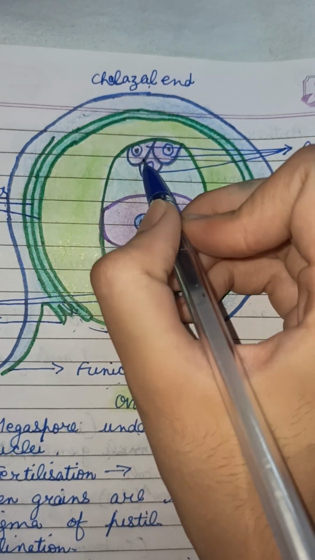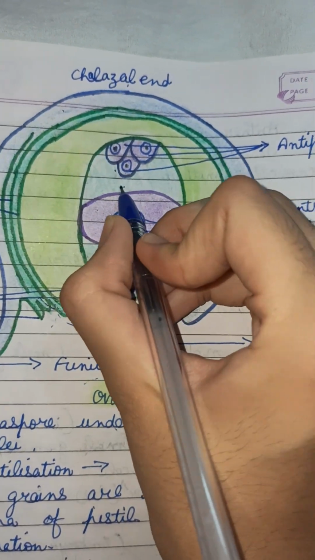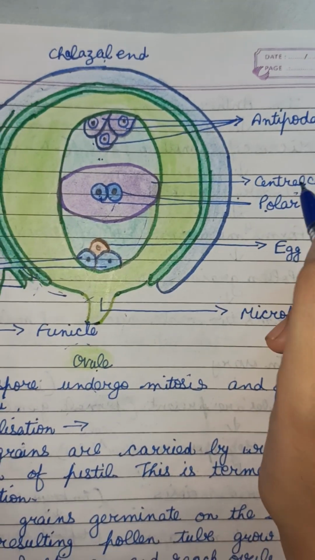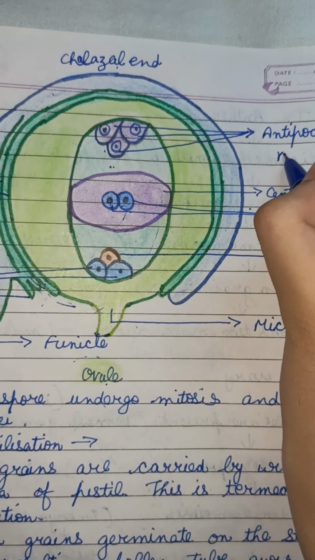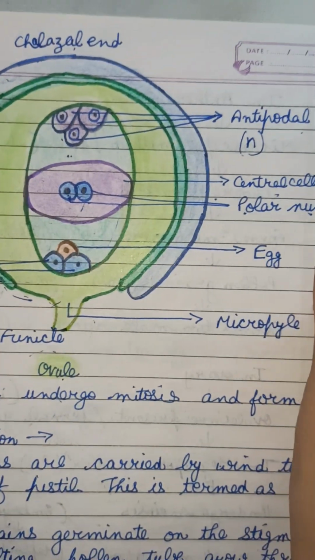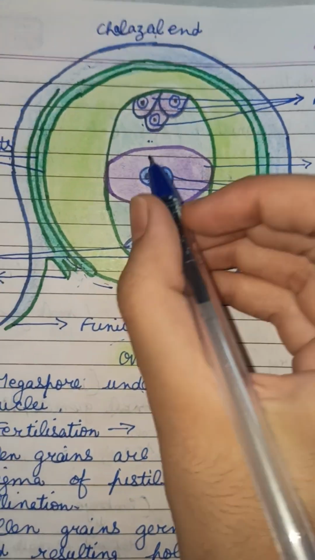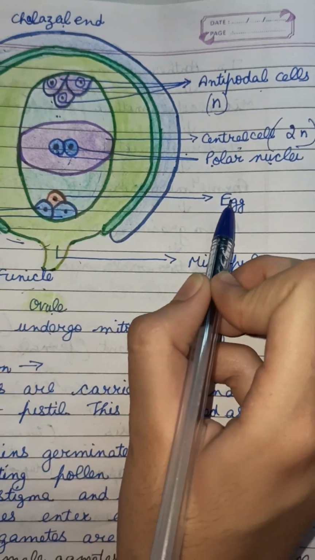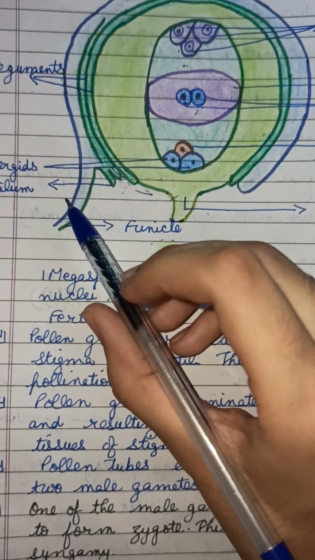At the chalazal end, three cells are present which are called antipodal cells, and these are haploid cells, that is N. This is 2N because it has 2 nuclei, and this is our egg. Here I have written, and these two are synergid cells.